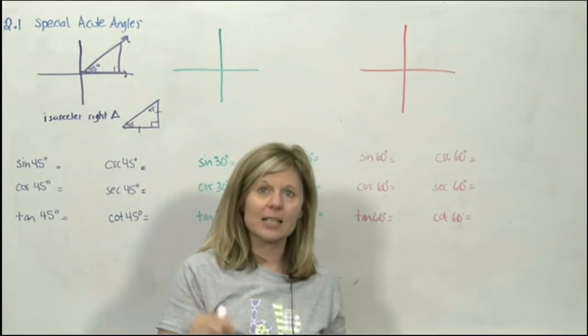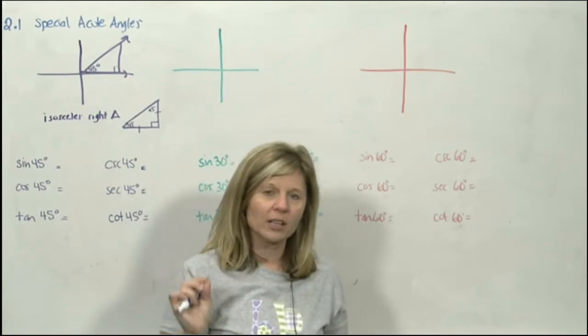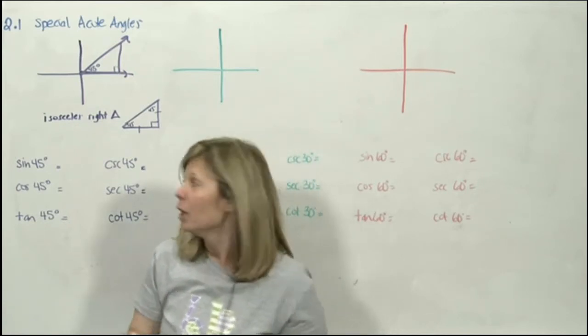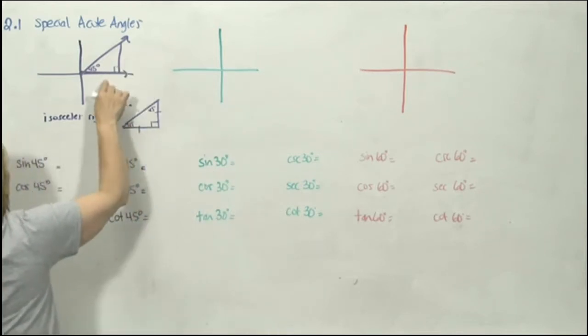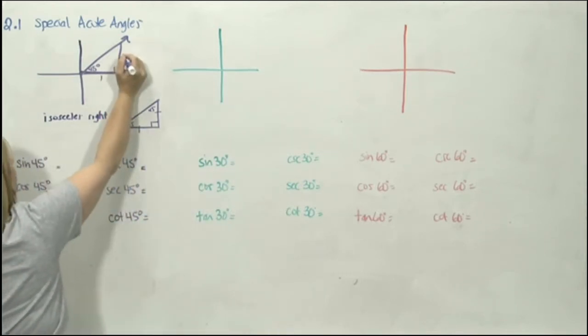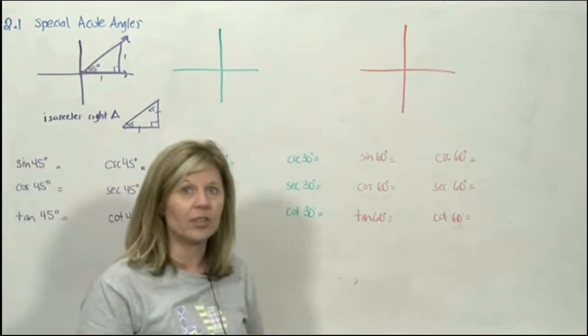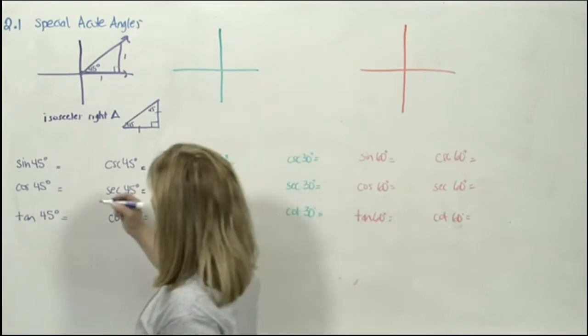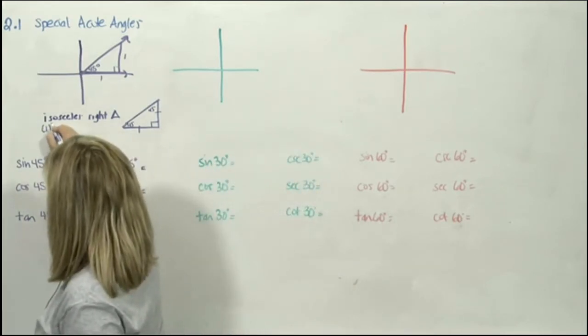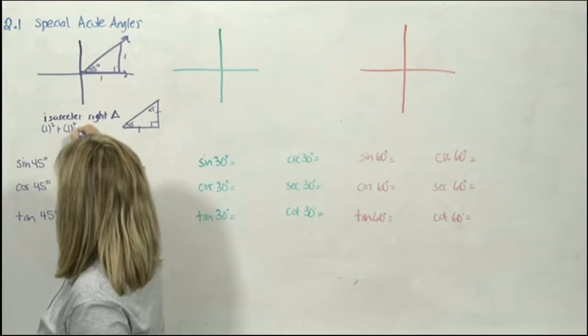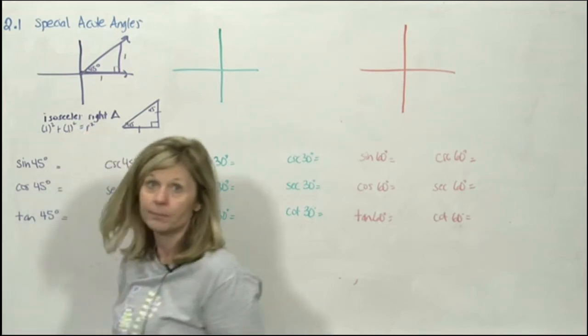So here's the part you've got to memorize. In an isosceles right triangle, what are the lengths of the sides? Well, if these two sides are the same length, they're each going to be 1 unit. And then to get the radius, the hypotenuse, we would use the Pythagorean theorem. So 1 squared plus 1 squared equals r squared.